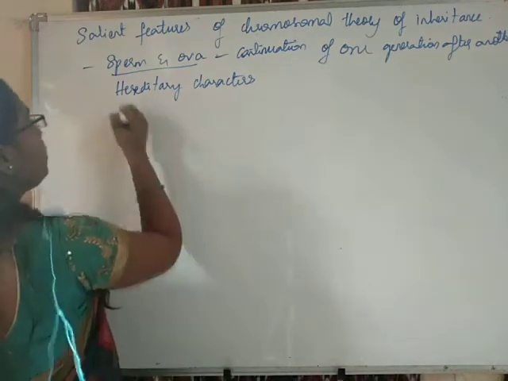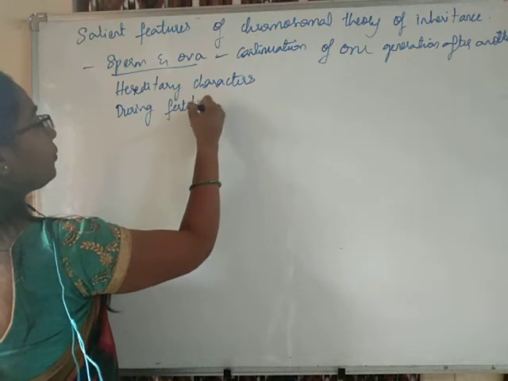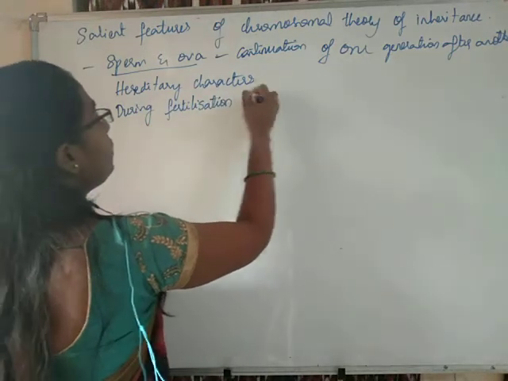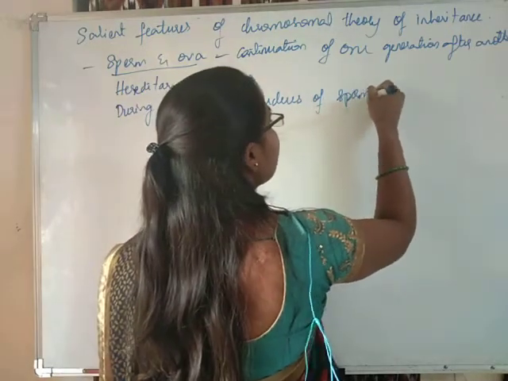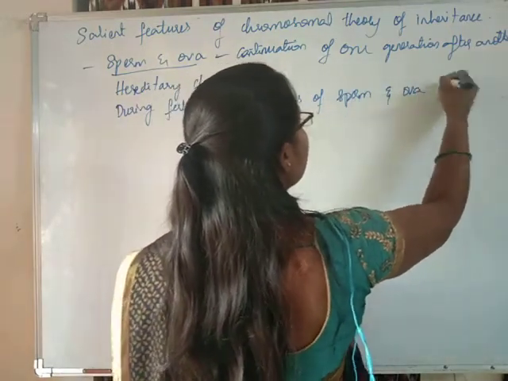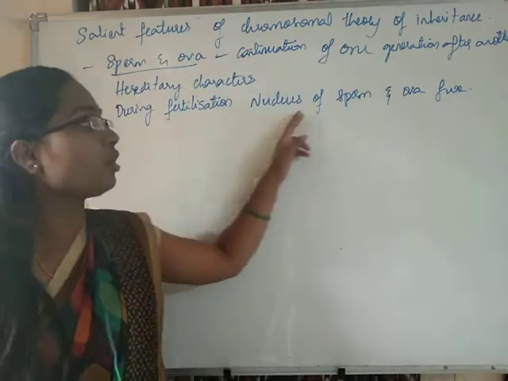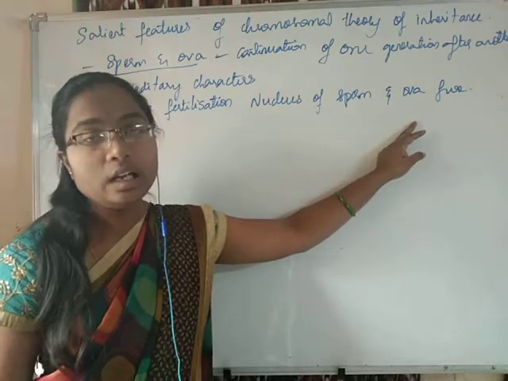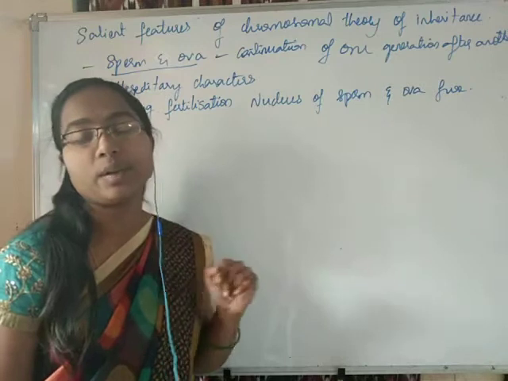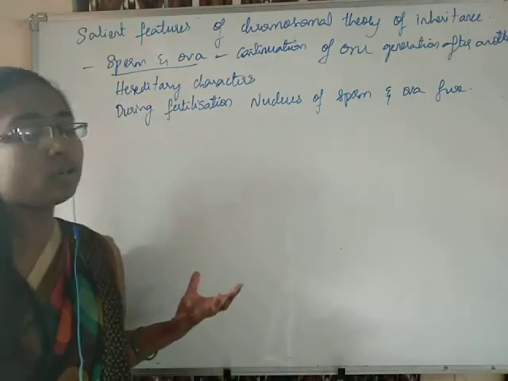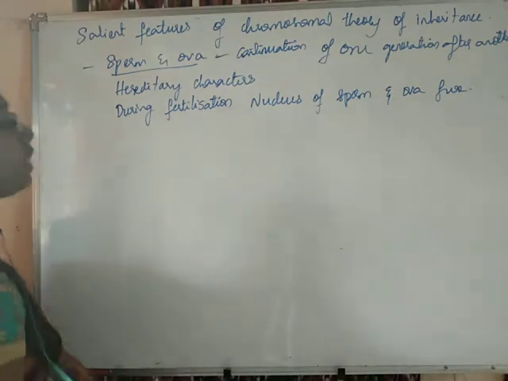During fertilization, the nucleus of the sperm and ova will fuse. When the nucleus of the sperm and ova are fusing and they are responsible for the new generation, that means we must ask what is present inside the nucleus.